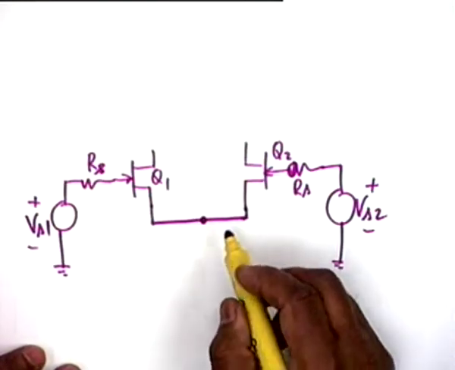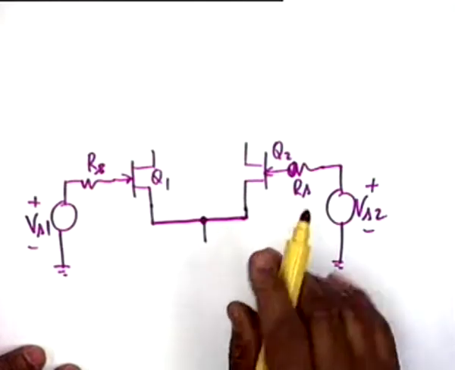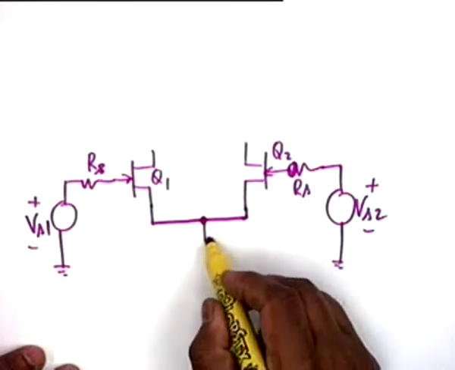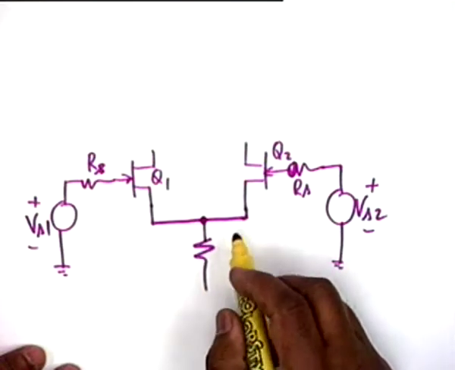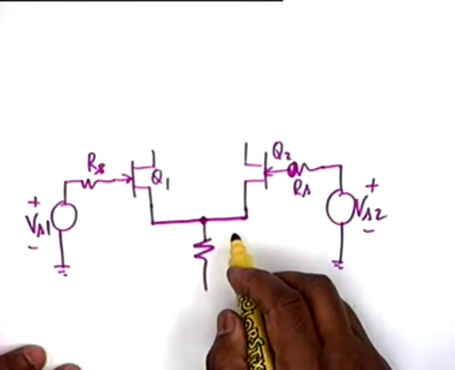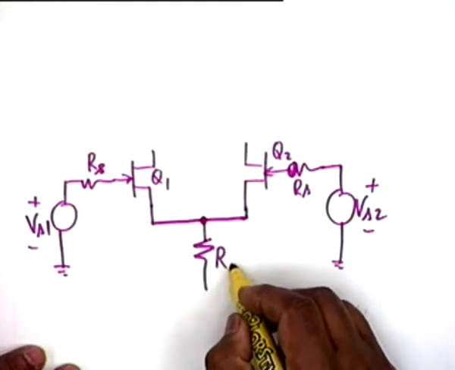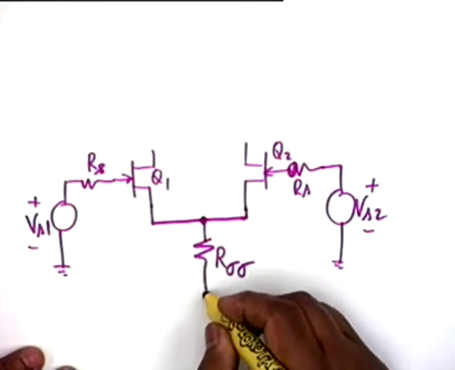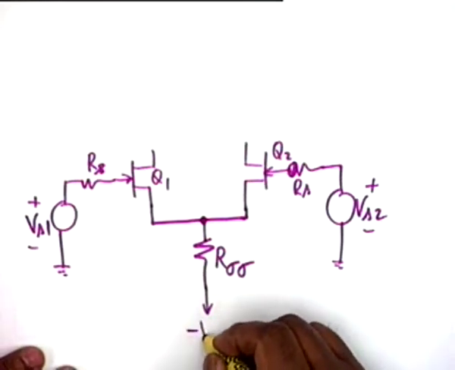Then from this point goes an ordinary circuit. It will ultimately be replaced by a current mirror, but a resistance which we shall now call R sigma sigma. Instead of R EE, it is R sigma sigma, and this voltage is minus V.